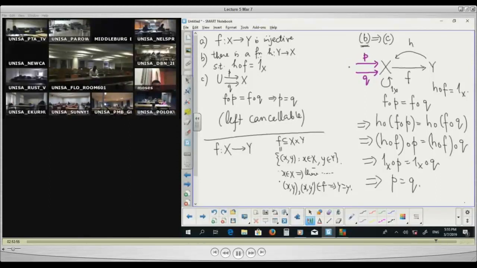So what is f bracket x? It is that unique y such that the pair (x, y) is a member of F. That's the whole meaning. Now, coming to your question, what is identity X?